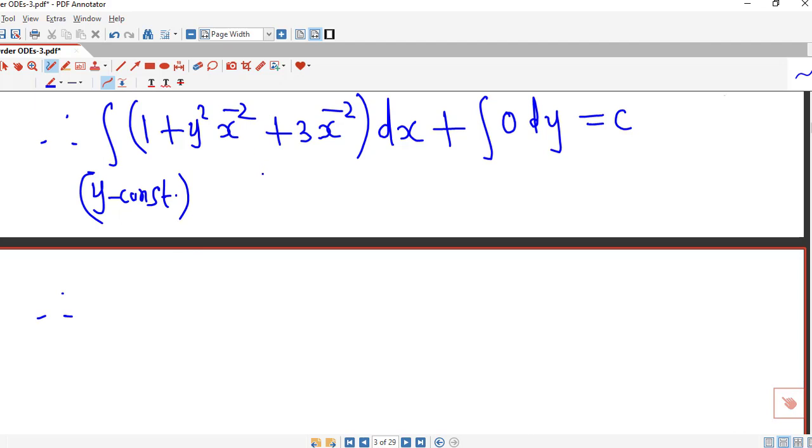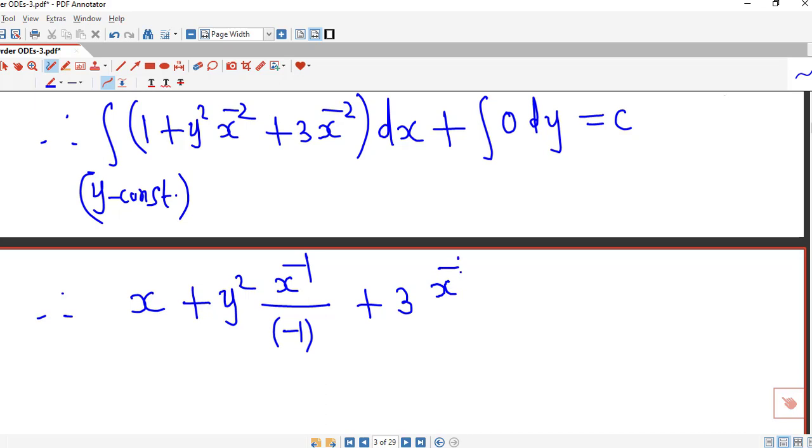Now we integrate with respect to x. Integral of 1 with respect to x is x, y square constant. Integral of x raised to minus 2 is x raised to minus 2 plus 1 divided by minus 2 plus 1, and here also the same thing, 3x raised to minus 1 divided by minus 1, plus 0 equal to c.